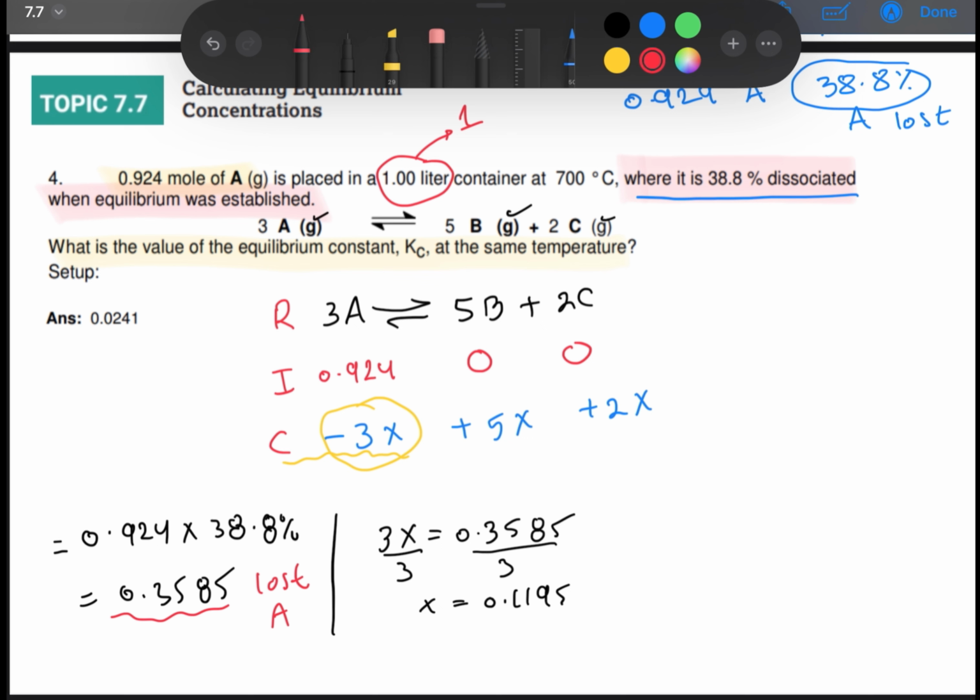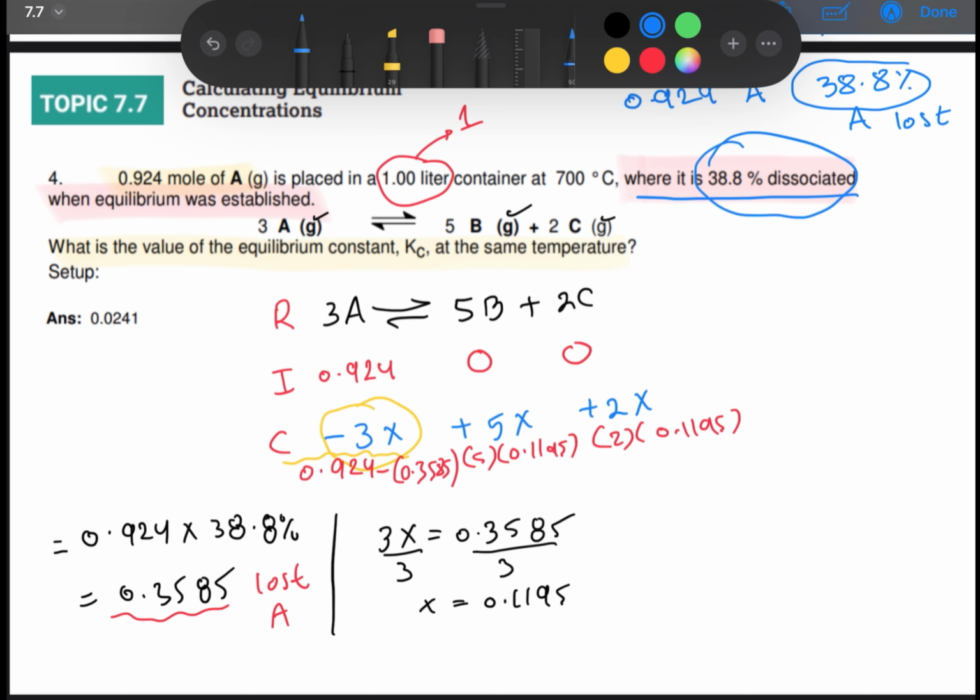I have to say 2 times 0.1195. And here we have to say 5 times 0.1195. And here we have to say 0.924 minus 0.3585.